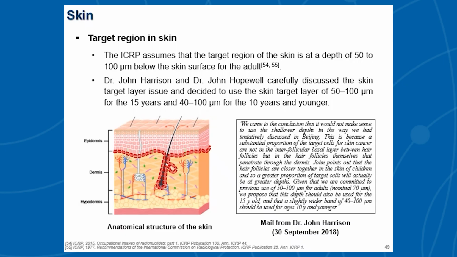The ICRP assumes this target region is distributed between 50 and 100 micrometers in adults, but no such information has been provided for children. This issue was carefully discussed in our task group and ICRP Committee 2, and we decided to apply the adult range to 15-year-olds, but use 40 to 100 micrometers for younger ages, considering the follicle depth is similar, but the epidermis is thinner in children.